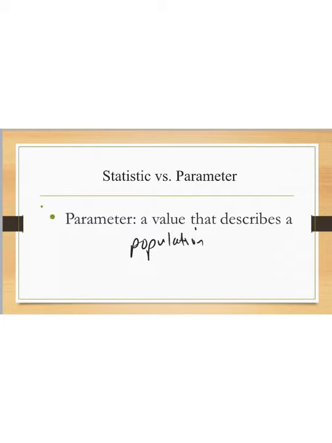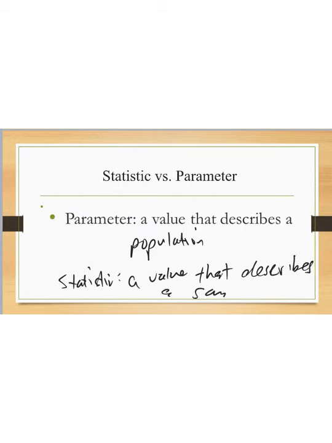And a statistic is a value that describes a sample. So they each have their own purpose here. We tend to work more with statistics in that's what we find from our sample data. And questions would give us parameters because they would have information about populations, which we won't collect much on our own.